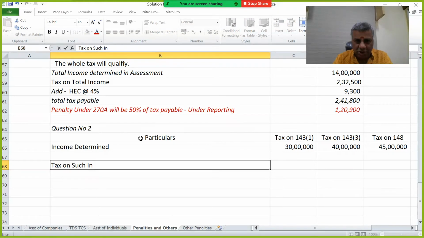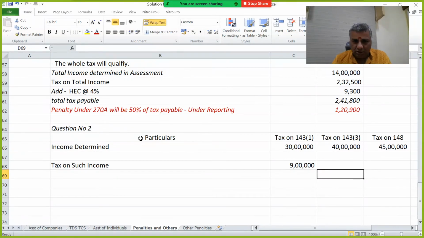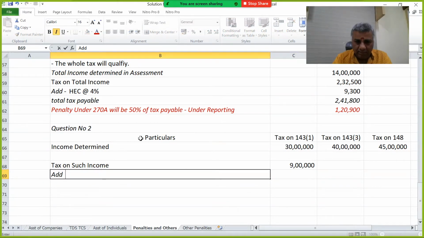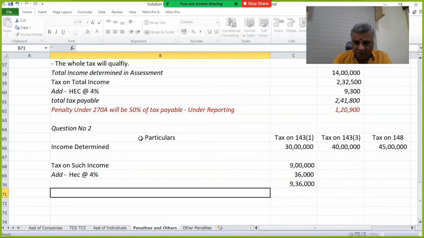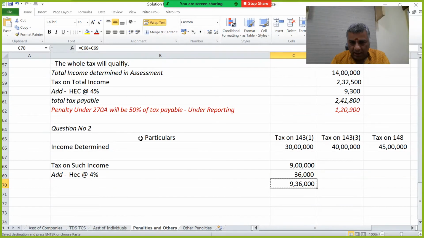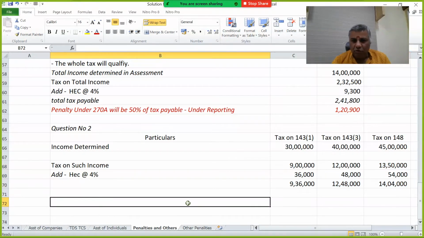Tax on such income is into 30%, since it is an LLP, and HEC at 4%. There is no surcharge here; in none of the cases does surcharge come. So it is 9,36,000, whereas in 143(3) it is 12,48,000, and for 148 it is 14,04,000.